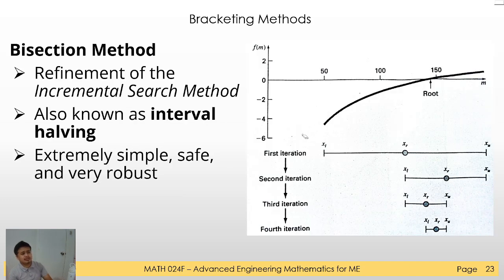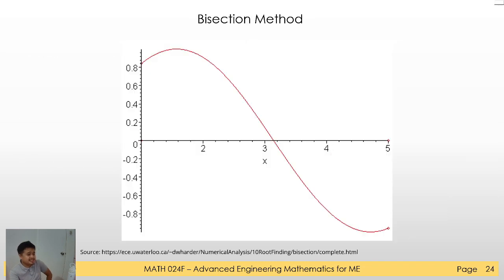Okay, so the bisection method is also called the refinement of the incremental search method, which is also called interval halving. This is extremely simple and safe, but it is time consuming for most of the cases.